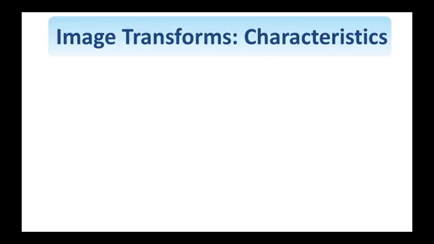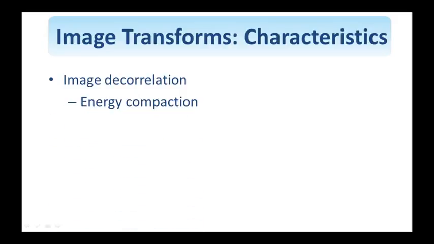So what are some of the important characteristics of such transformations? They should decorrelate the data. So in principle, the transform coefficients should be statistically independent. At the same time, they should perform energy compaction, which means a small number of such coefficients should represent the majority of the energy in an image.